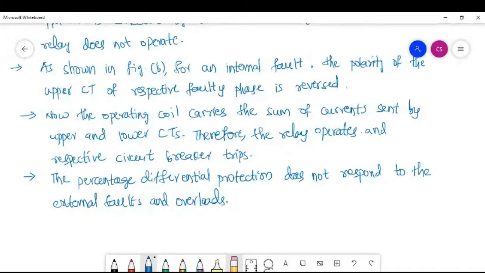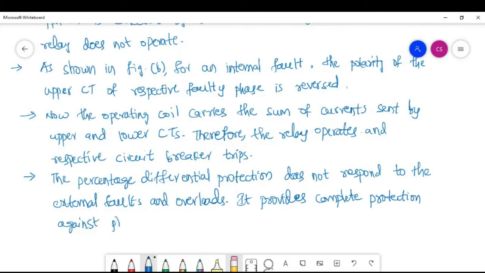External faults and overloads. It provides complete protection against phase-to-phase faults.